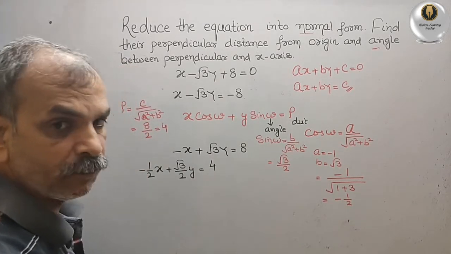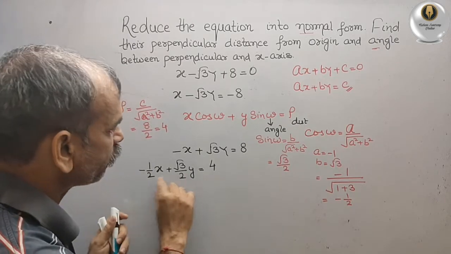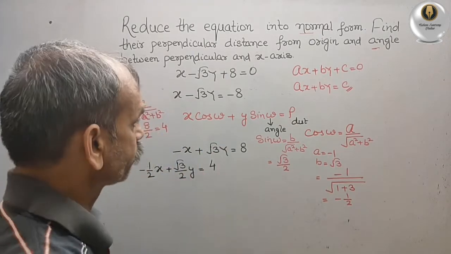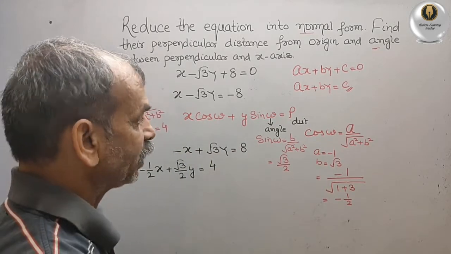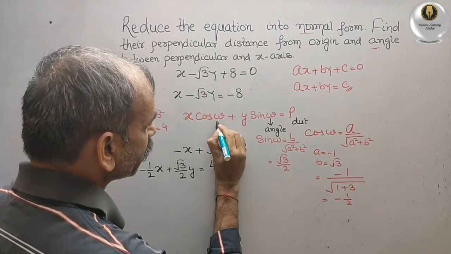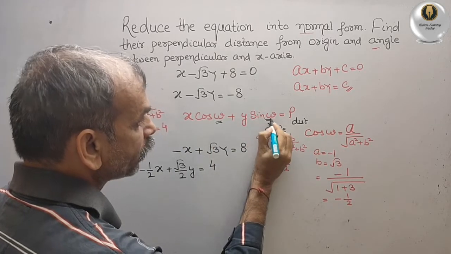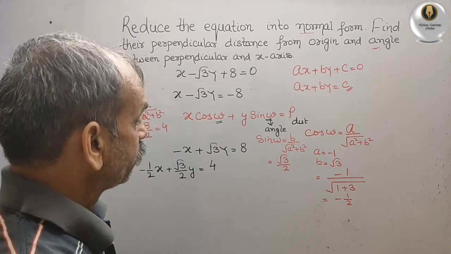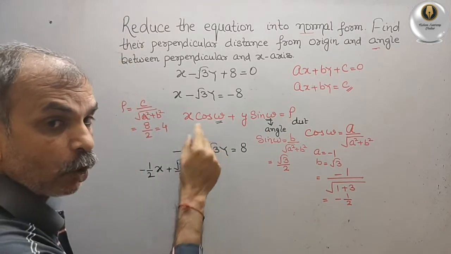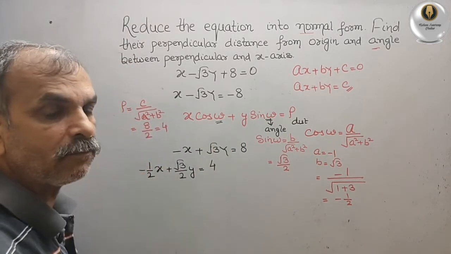Now we have to find the angle, that is omega. For cos omega, where does 1 by 2 come?